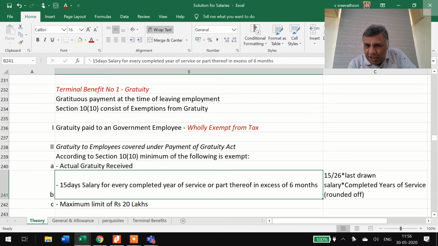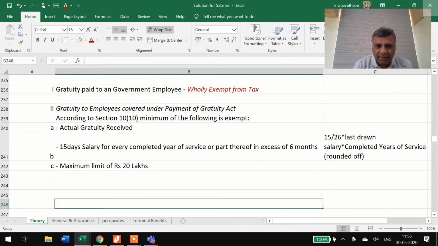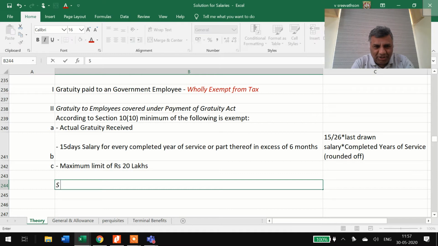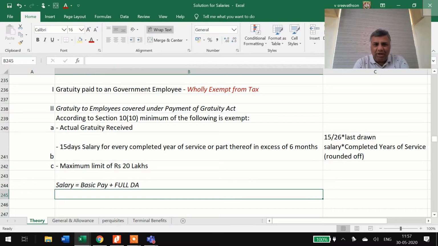Explanation to condition B. As a formula, if I write it down, 15 by 26 into last drawn salary into completed years of service, rounded off. And that takes us to the definition of what is salary. Salary is equal to basic pay plus full DA. Not forming part, all DA. Full DA.